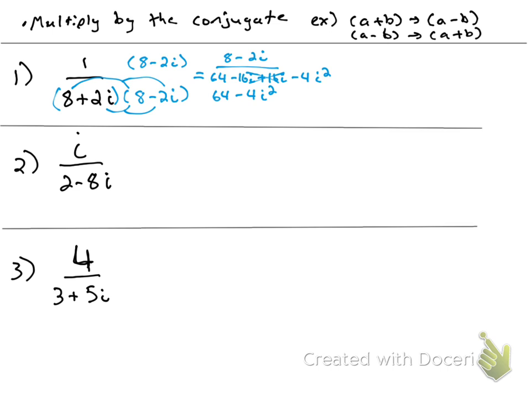Which gives me 64 plus 4, which gives me 68. So right here, again, that's 64 minus 4i squared. That makes that a plus 4, which gives me 68. So I'll have 8 minus 2i over 68.